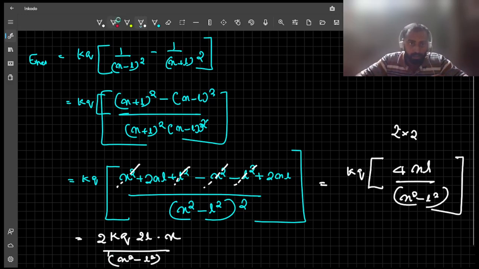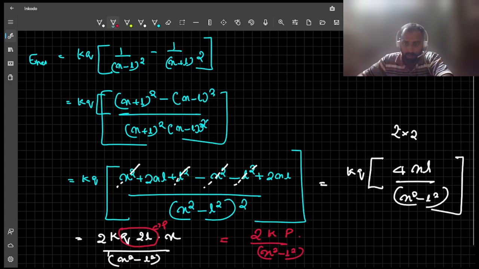If you see this, q into 2L is my dipole moment P. So I can write 2kP by x square minus L square into x.